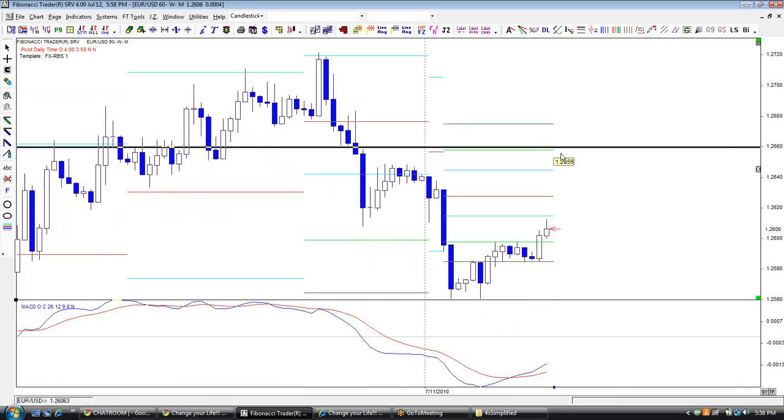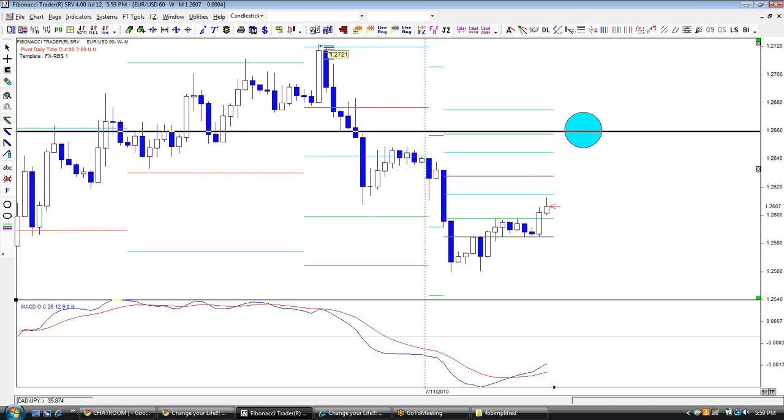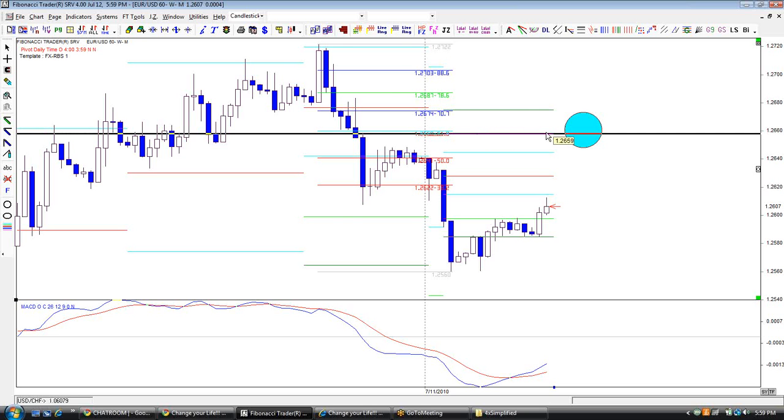What do we have? Support 2 converging with the right shoulder. That's 1. What else do we have? I'll pull my fib. What do we have? The 618 converging with the pivot line and with the right shoulder.